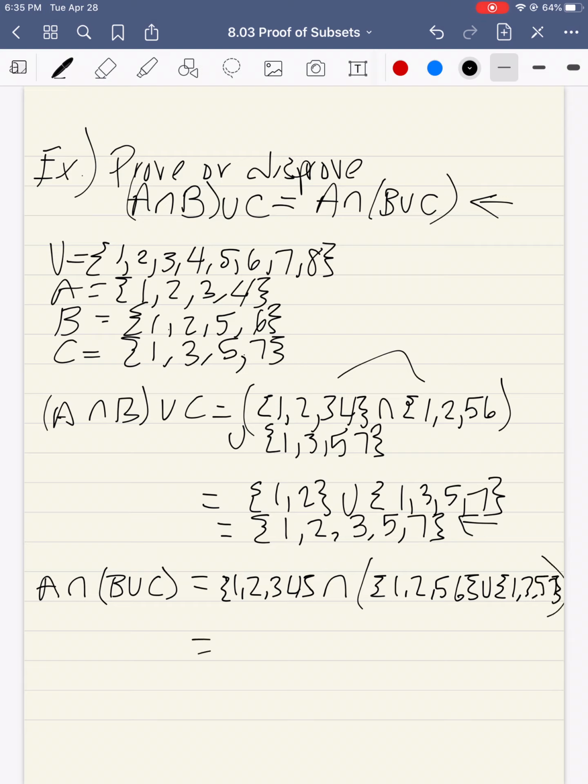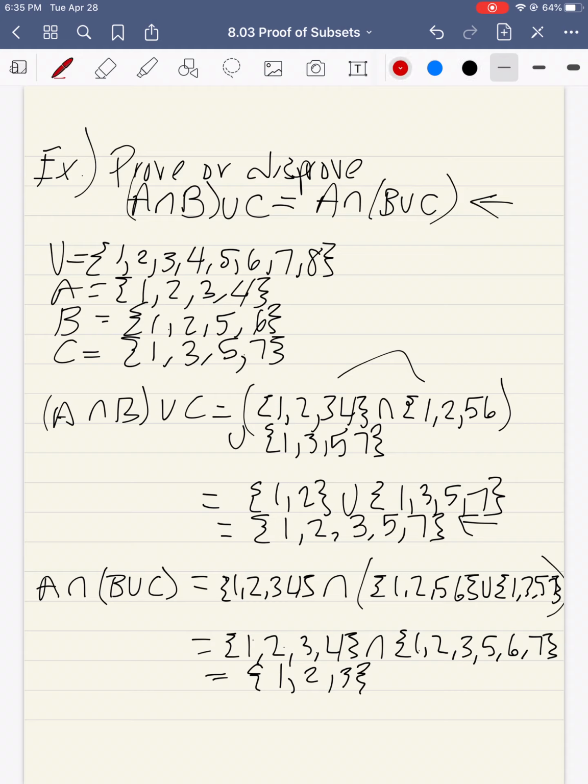So let's do this union. So this would be 1, 2, 3, 5, 6, and 7. And then the intersection here, let's see all the values that they have in common. 1, 2, 3, 1, 2, 3. So it's just 1, 2, and 3.